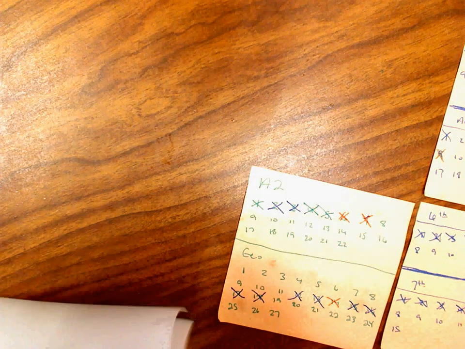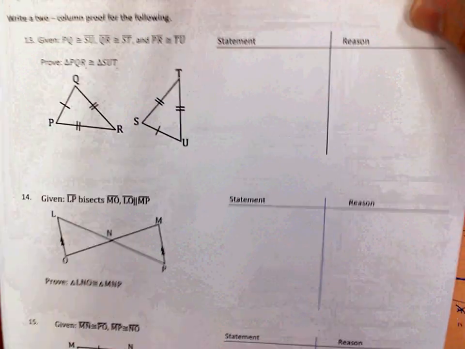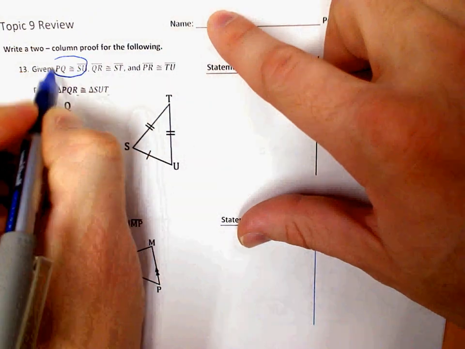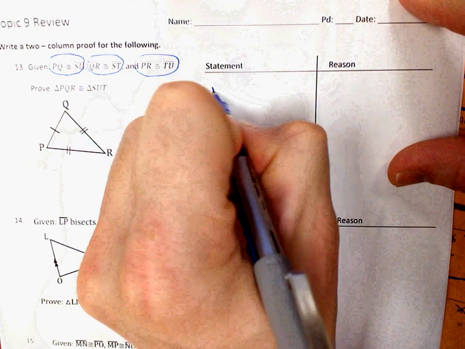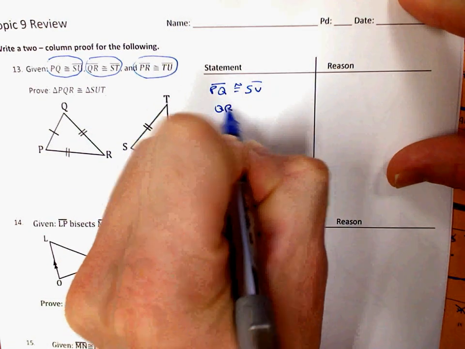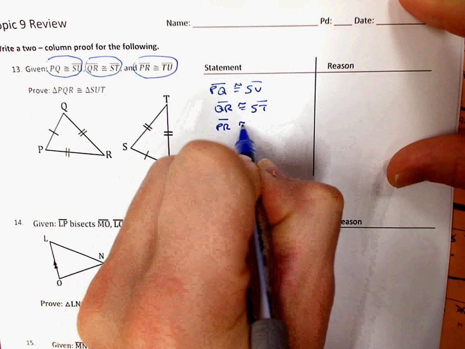And then our final steps here, we've got some that are just open-ended, so we can work through them. The first one is kind of self-explanatory because you're given all three pieces of information by yourself. So I can write all of these down as statements. They were all given.